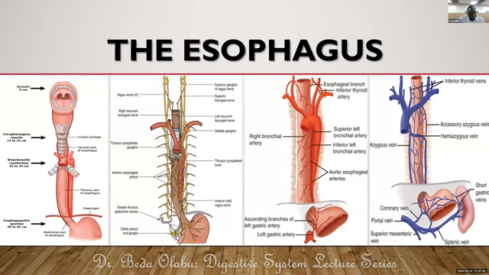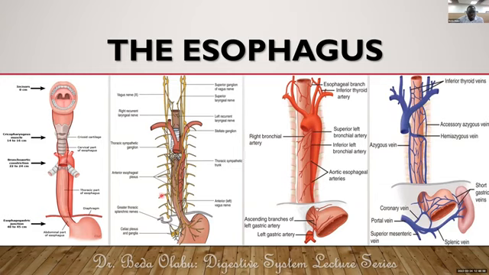Those two are usually very close together, and so some people just consider it as one. They call it the bronchoaortic constriction. Then the last one is where the esophagus crosses the diaphragm and enters the stomach. So that is the last constriction there, made by the diaphragm. Those are the constrictions of the esophagus.